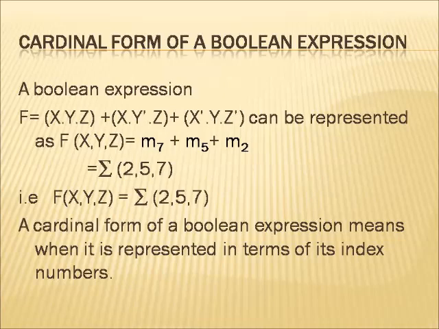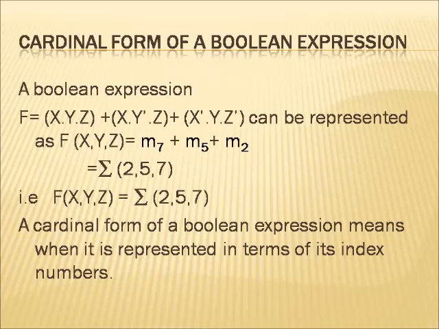Okay, so see x dot y dot z, when you refer to that table you can see that x dot y dot z means it is m7. I'm using the lowercase because x dot y dot z is a minterm. For minterm we use lowercase m, so m7.